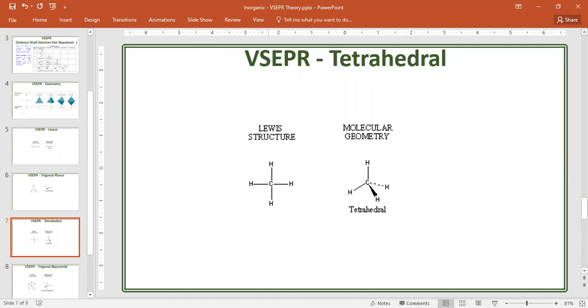Tetrahedral, we will take an example. BF3 and BeF2 are both two-dimensional molecules, what we discussed previously. If we place the same restriction on methane, we would get a square planar geometry in which the hydrogen, carbon, and hydrogen bond angle is 90 degrees.